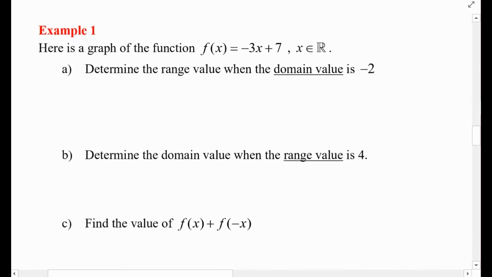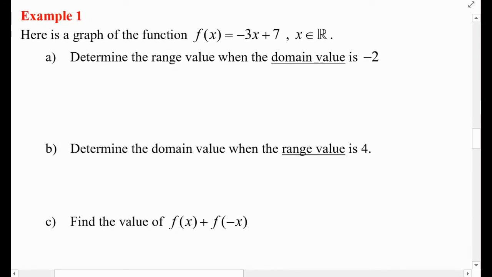Okay, let's look at example 1. Here is a graph of the function f of x equals negative 3x plus 7. X is all real numbers. Remember, this is all real numbers. Determine the range value when the domain value is negative 2. So domain value is input, range value is output.